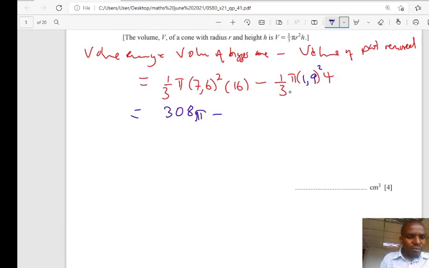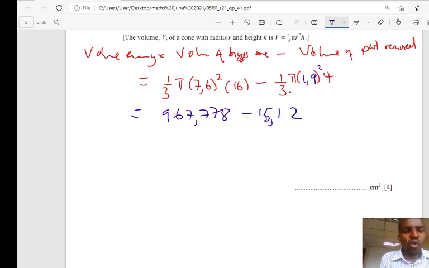Then what will you get here? 967.778 minus, then on this one it's 1.9 squared times 4 times pi, then divided by 3, you get 15.1215.